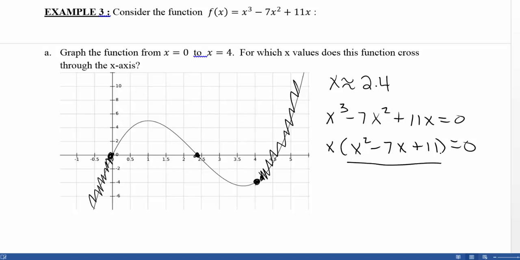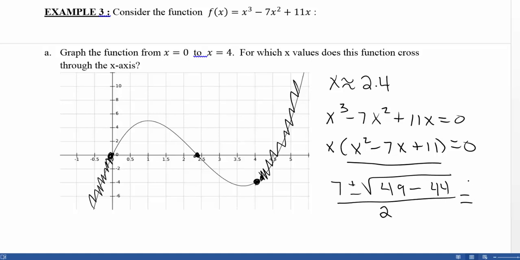Unfortunately, this is not something that is easily factorable. There's no two things that multiply to give me 11 that easily add up to give me negative 7. So instead, I'm going to have to use the quadratic formula. So I'm going to do the opposite of b, plus or minus the square root of b squared, which is 49, minus 4 times a times c, which is 44, all divided by 2a, which is 2.